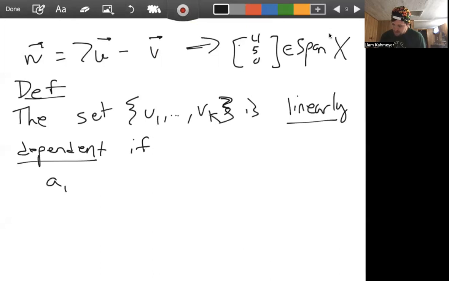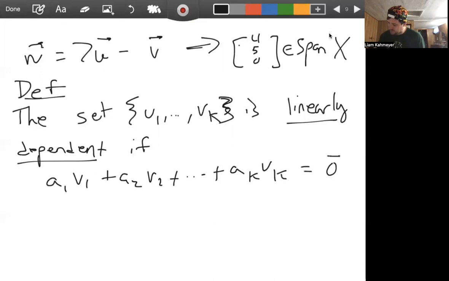So like a1 v1 plus a2 v2 plus, et cetera, plus ak vk equals 0. And so what we're saying here is we have a linear combination of these vectors, but it gives us the 0 vector.